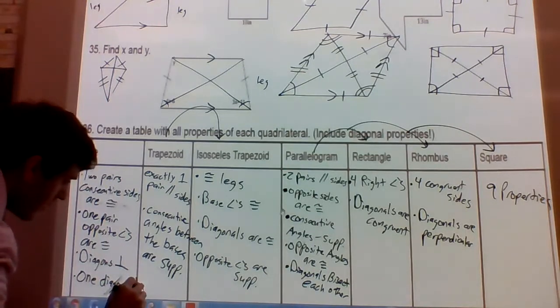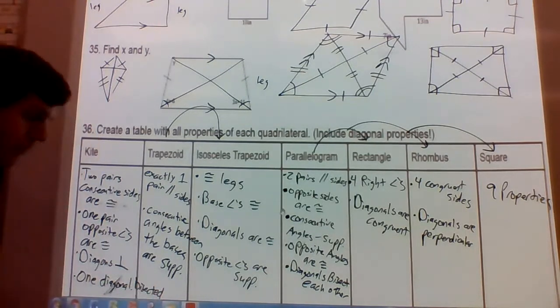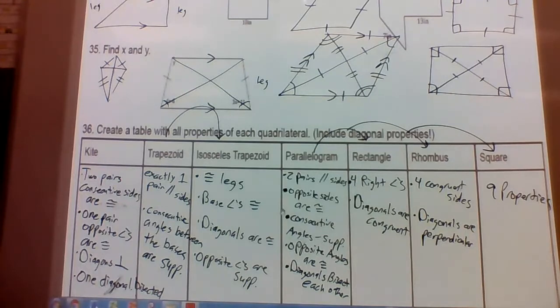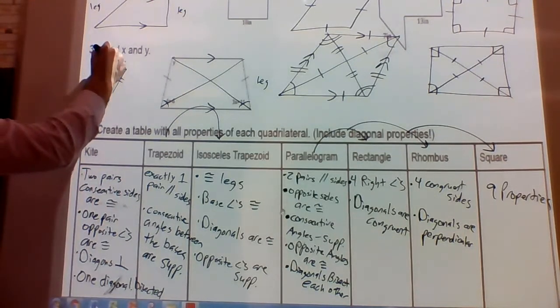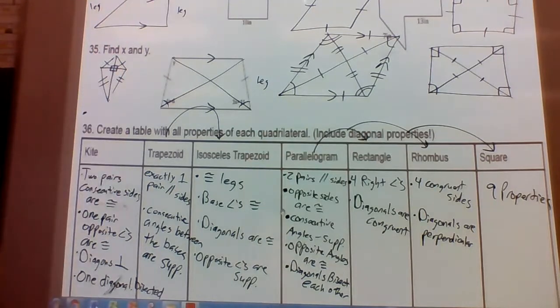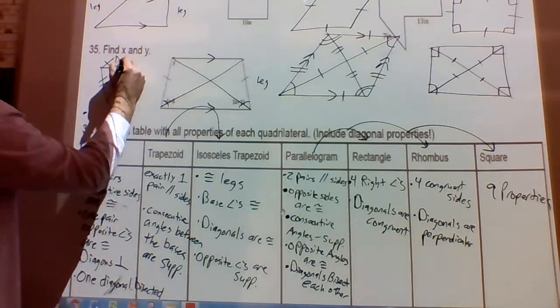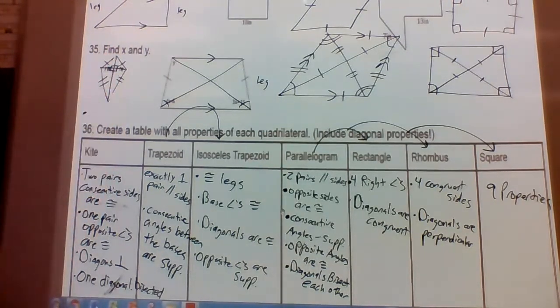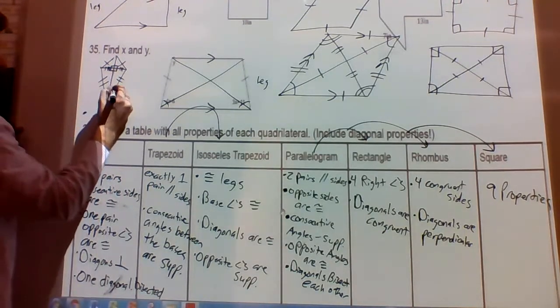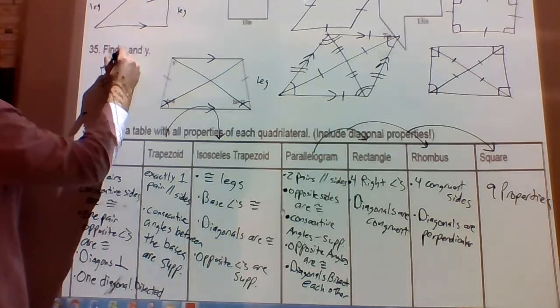And then we have right angles here, and these angles here are congruent.